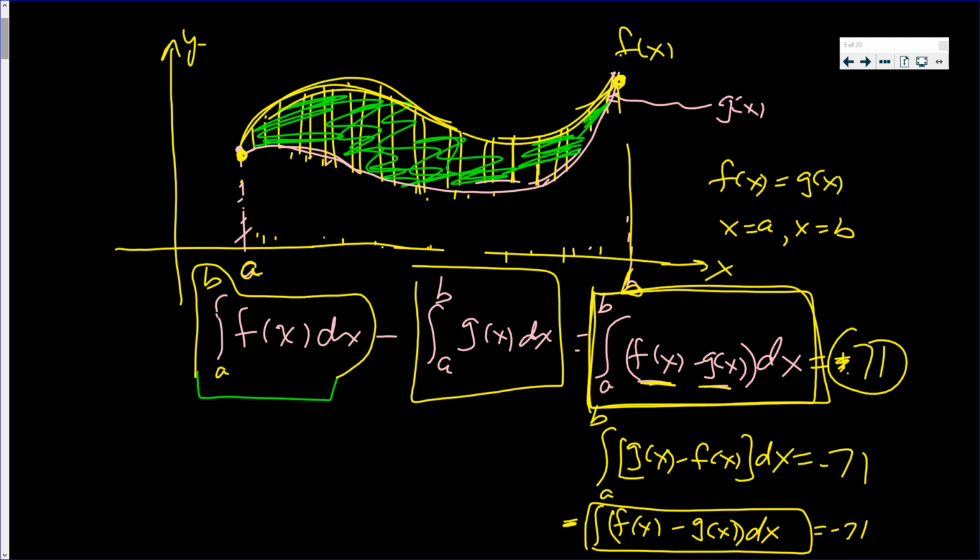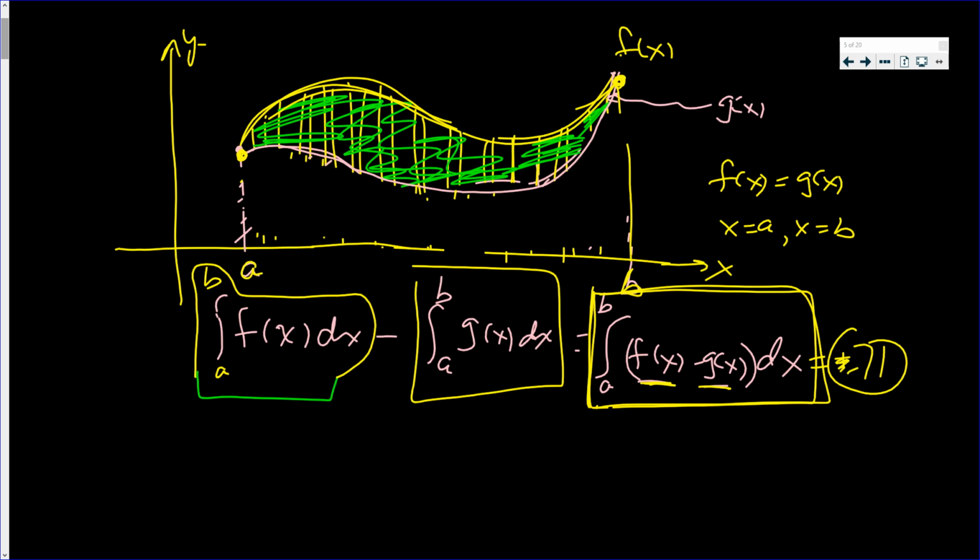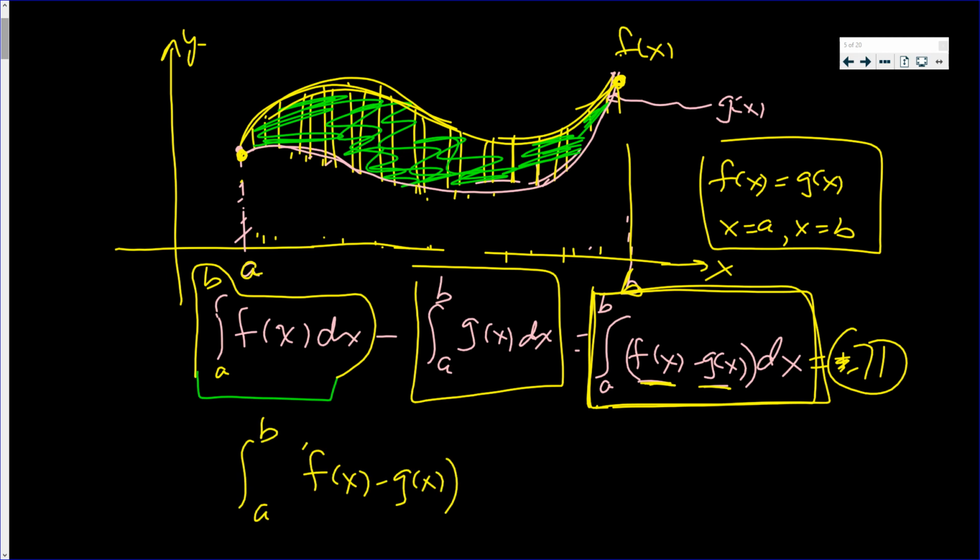So now, if you're told or you calculated that f and g only meet at a and b, you can integrate from a to b. Pick any function you want to write first. And in case you did it backwards, just take the absolute value of it.